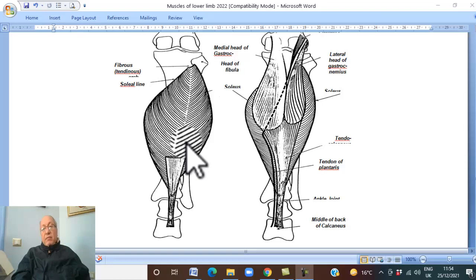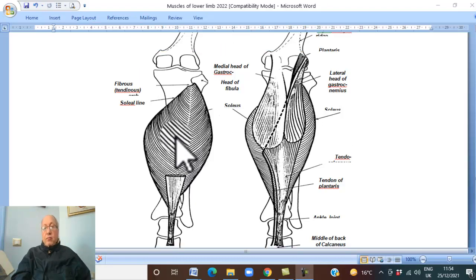Let us discuss the first muscle, which is gastrocnemius. Gastrocnemius has a lateral head and a medial head. The lateral head of gastrocnemius arises from the lateral surface of the lateral condyle of femur.